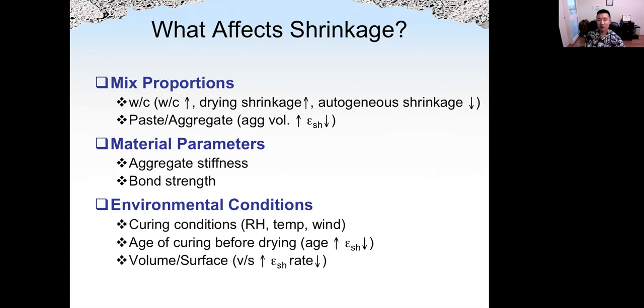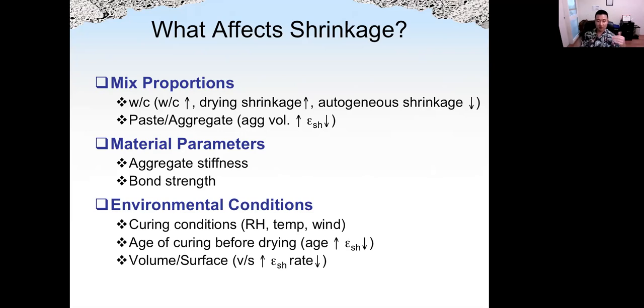If we increase the amount of aggregate, the shrinkage will be lower because aggregate will not shrink, only cement paste will shrink. The stiffness of aggregate will also be a factor. The stiffer the aggregate, the restraining effect of aggregate will be higher, so shrinkage will be lower.